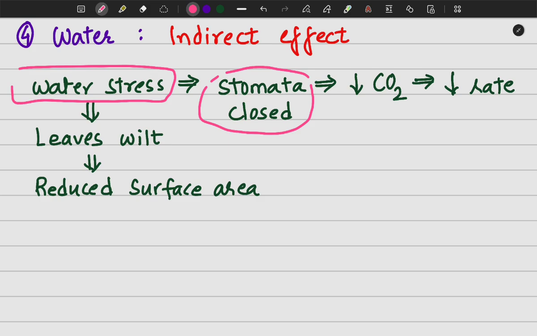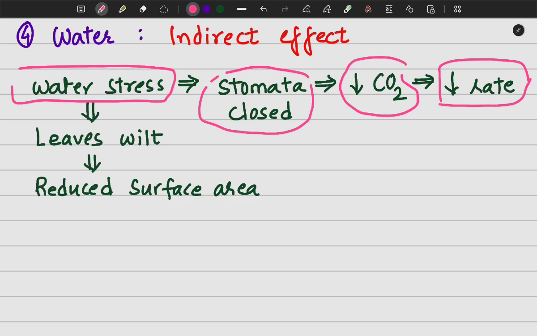And when the stomata close, we know that the concentration of the carbon dioxide decreases inside the leaves, because the atmospheric air cannot enter the leaf. Gaseous exchange stops. And when the carbon dioxide cannot enter the leaf, then the rate of photosynthesis will decline, because carbon dioxide is required for photosynthesis to occur, right?